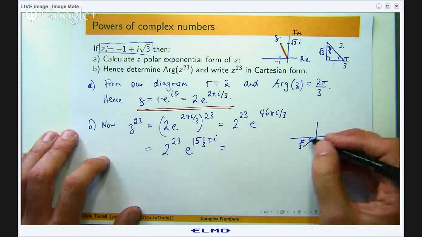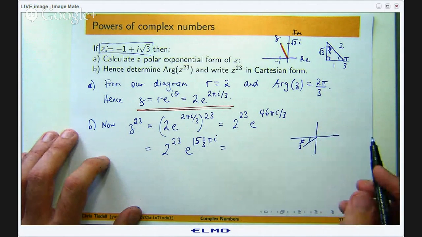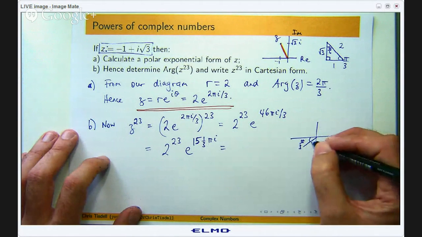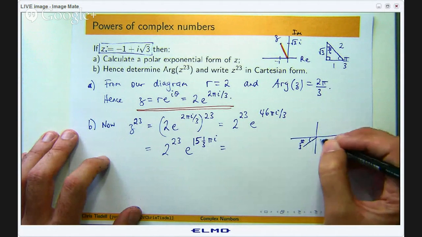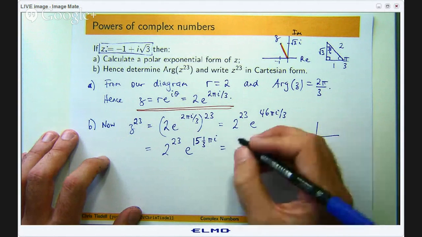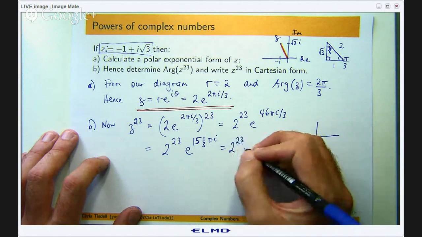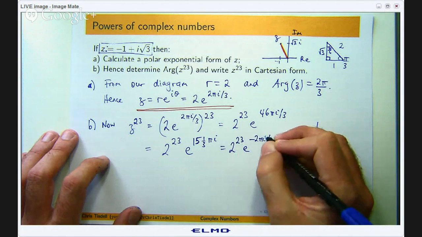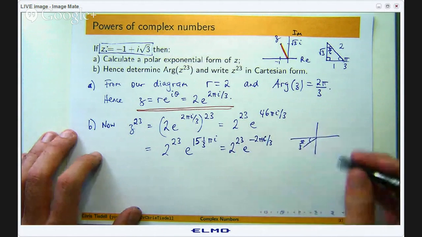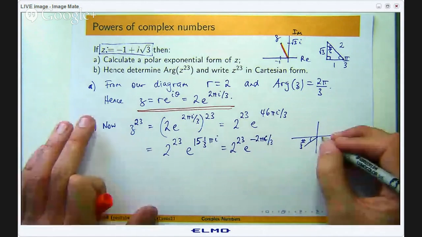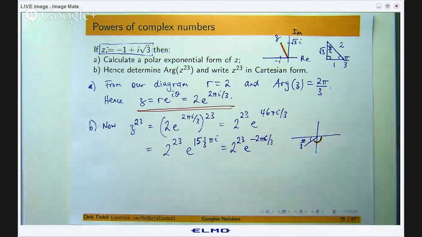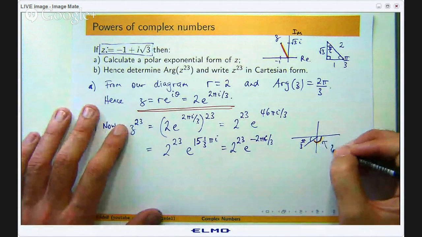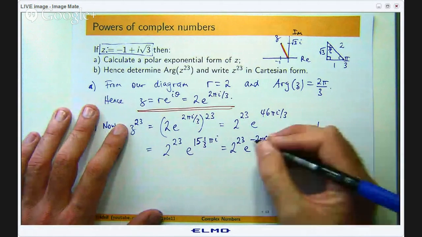So what is this in terms of angles between negative pi and pi? Well, it'd have to come from this side and go down 2 pi on 3 radians. So I would actually go in that way. Because I'm rotating in a clockwise direction, it's negative.